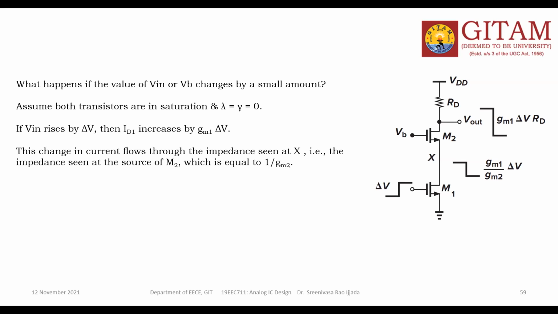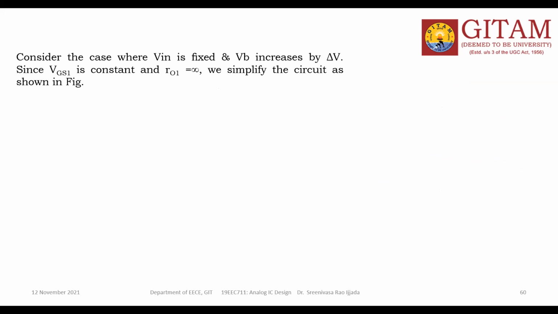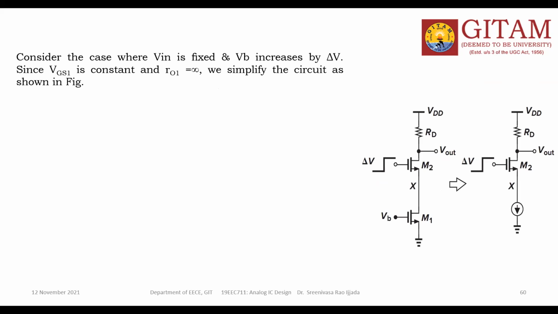But in the next case, M1 gate is fixed and M2 gate is applied with a variable voltage. For any changes in the gate potential of M2, you could not find any variations in the output. That is the only difference.